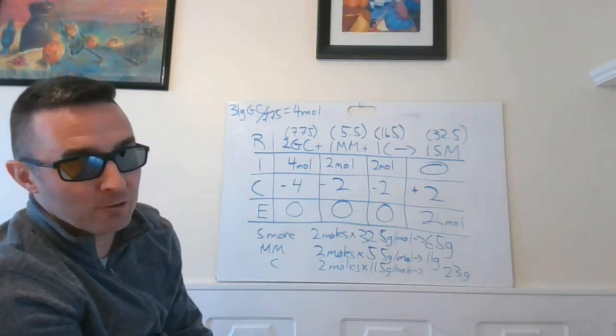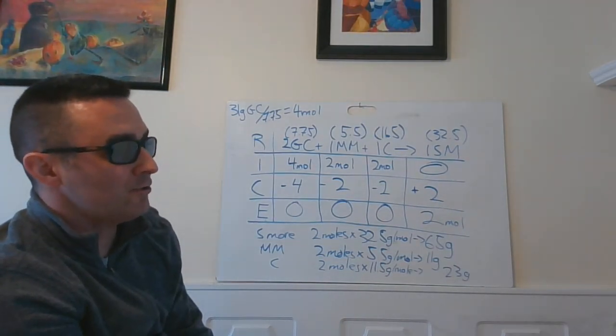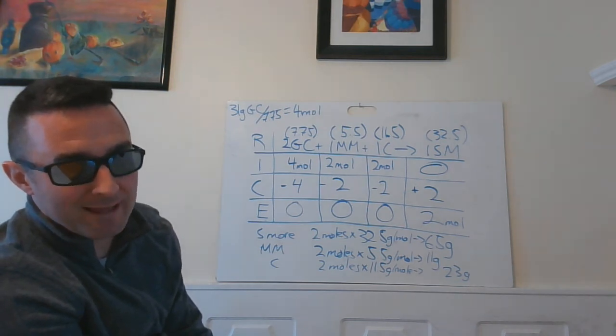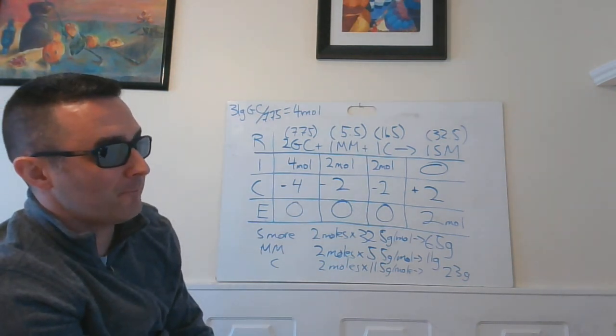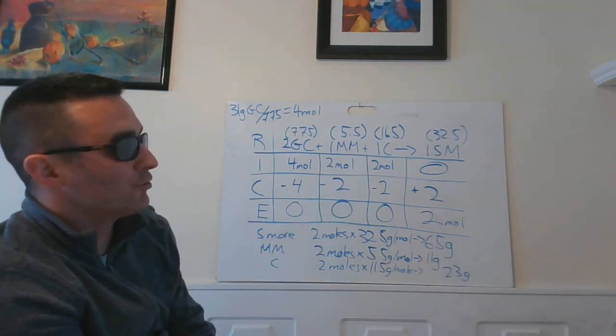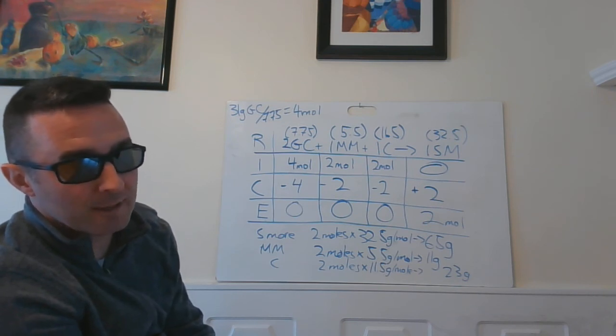If you do a higher level class, at some point, you're going to need to do the old school math method. It just works more quickly. But I think this is a really good way until you're comfortable of showing that you know what's going on.